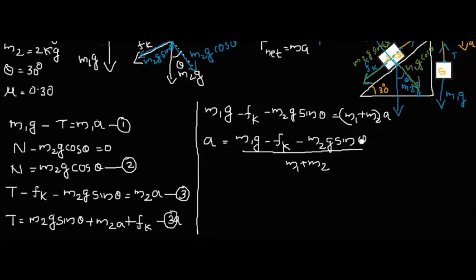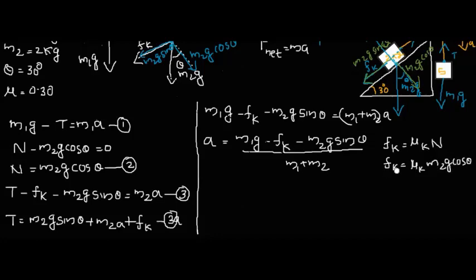Value of m2, g and theta is also known. m1 plus m2 is also known. What about Fk? The formula to calculate Fk is mu k into N. The normal reaction we got as equation number 2, which is equal to m2g cos theta, so we substitute that instead of N. Fk is equal to mu k into m2g cos theta.